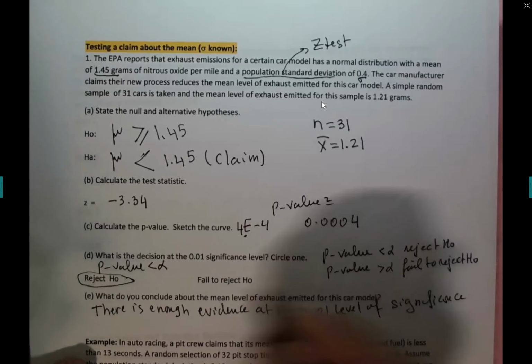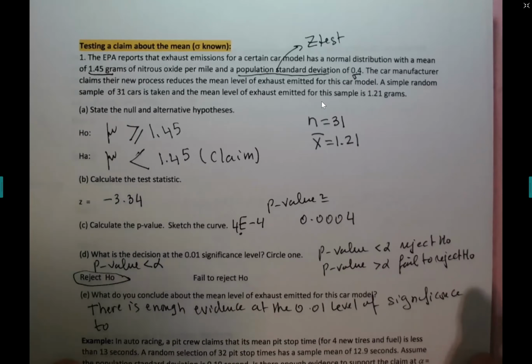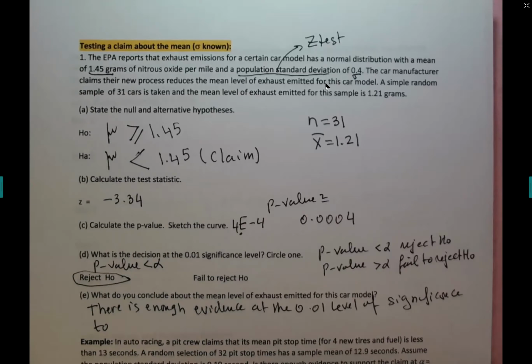To what, guys? Can someone tell me what's the next word? Are we going to support the claim? To reject. Oh, there's students saying they got 8 E minus 4, then that means your alternative sign was not correct.